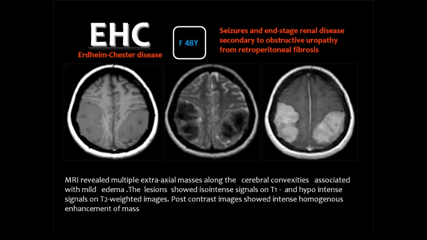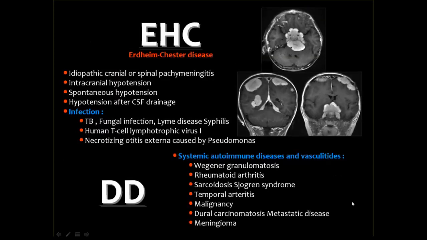And then one may say, what about fungal infection of the brain? You know that the fungus will appear of intermediate signal in the T1 and dark signal in the T2 and strong contrast enhancement, but this is an infection which should be surrounded by significant perifocal brain edema, and the clinical picture will help in the differential diagnosis.